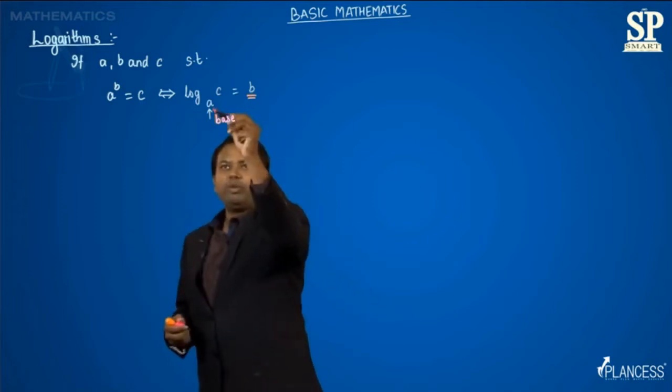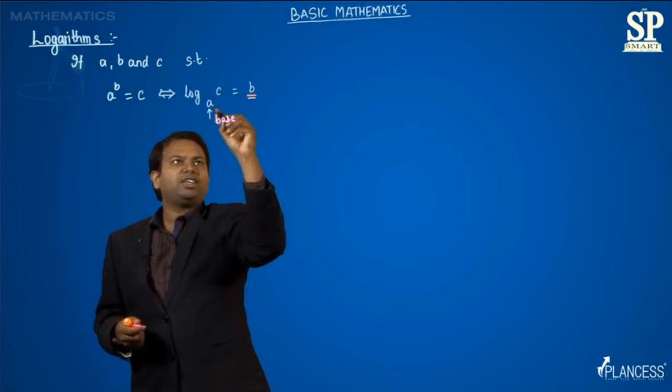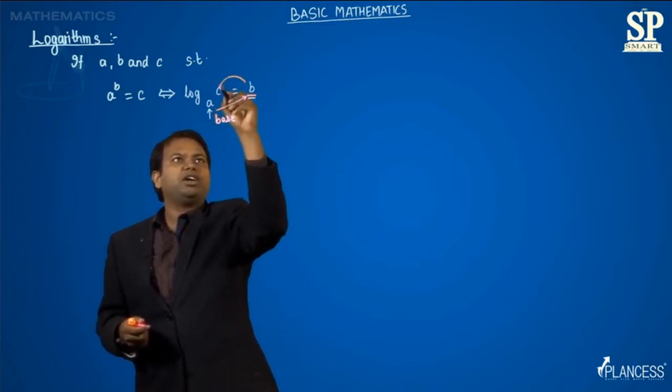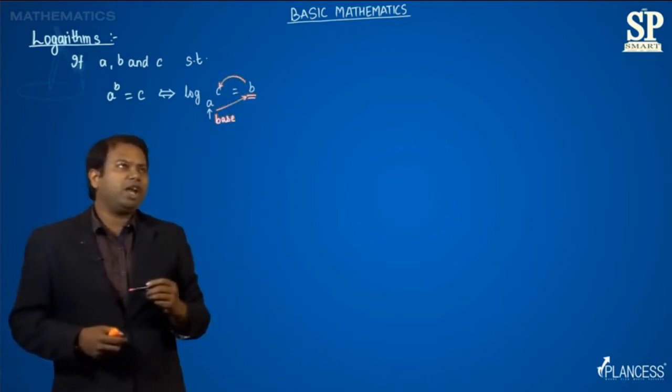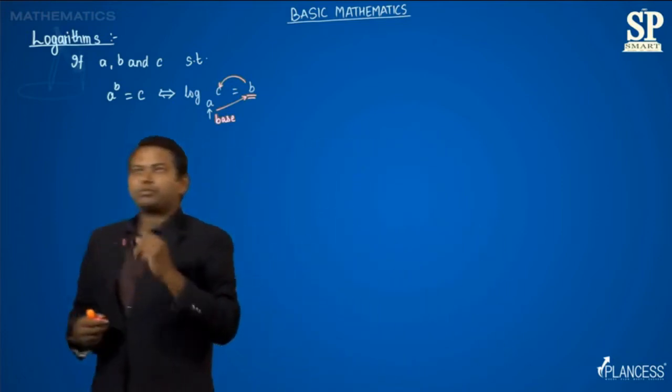In order to remember this, you can take it in the following manner. The base raised to the answer gives us the value of C, or you can also remember it in the following way.